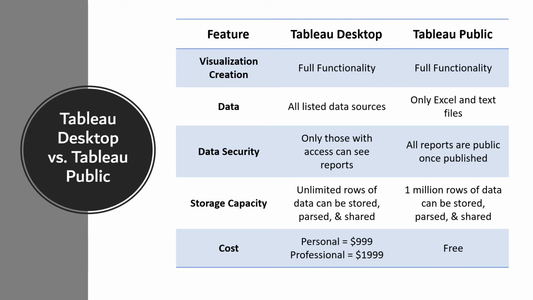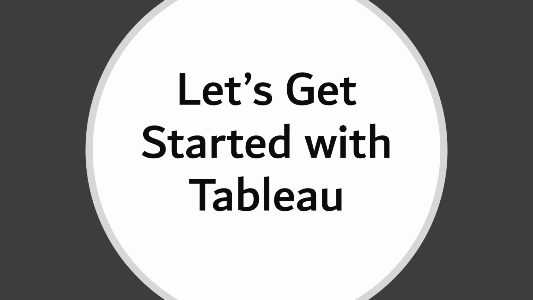And also the way that information is saved is different. In Tableau Public, you have to publish all of your visualizations to the gallery to save them, which is public and open. So you won't want to be working with proprietary data in Tableau Public, but with Tableau Desktop, you can save it to your actual computer, which is good. All right, now that we're done introducing Tableau, we're going to get started.